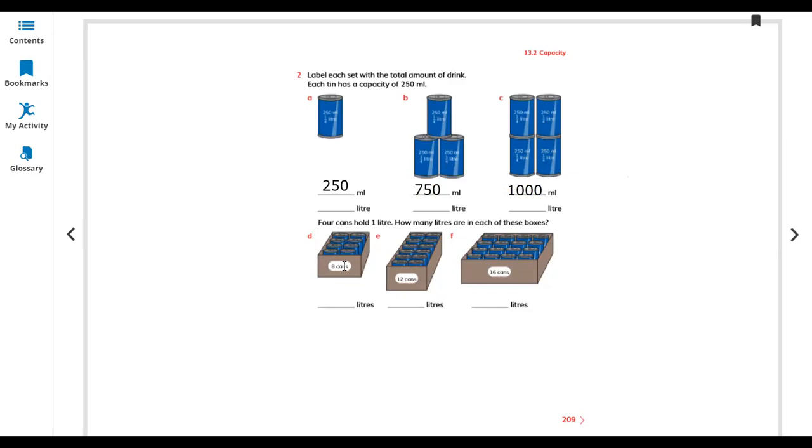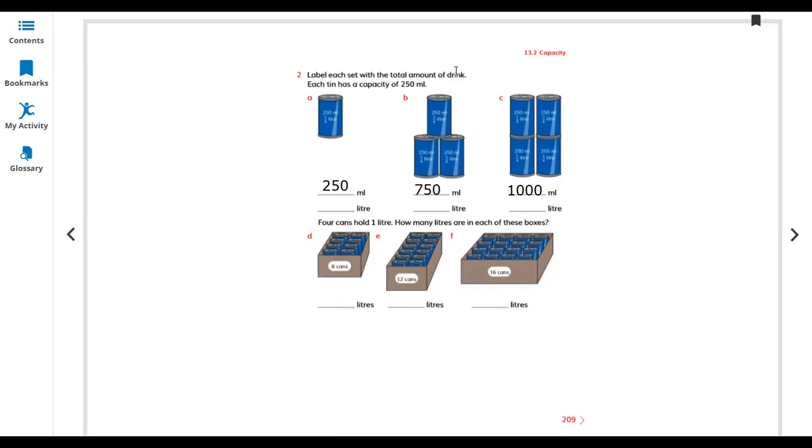This one, 8 cans. If one can is 250, then 3 cans, 750, 4 cans, 1000. So 4 cans is 1000, so 8 cans, double, 2000. This one we just write in liters, no need to write in milliliters.